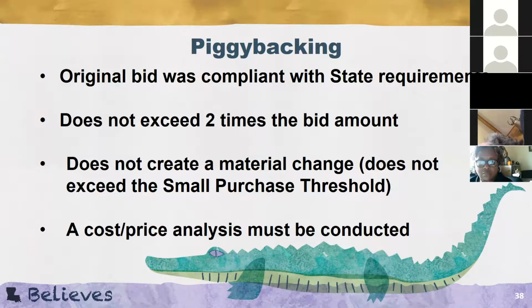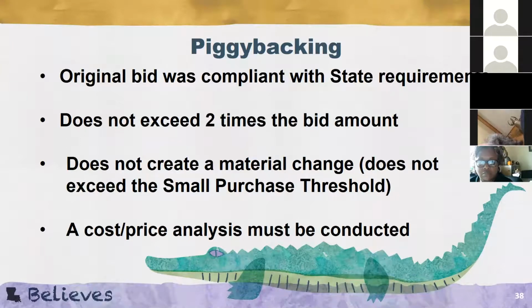There are also state regulations where it comes to piggybacking. The state regulations allow SFAs to piggyback within 1 year of the opening of a bid, provided that the following conditions are met. The contract was bid in compliance with revised statute 38.2211.